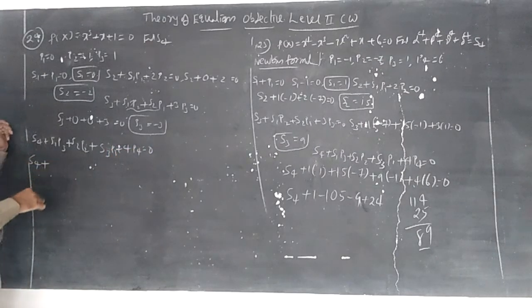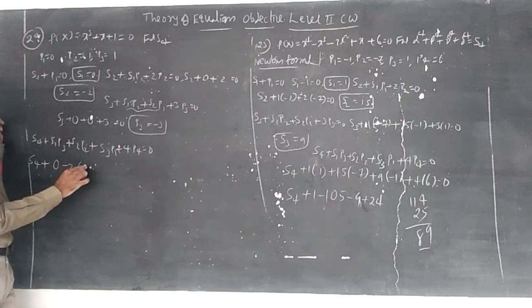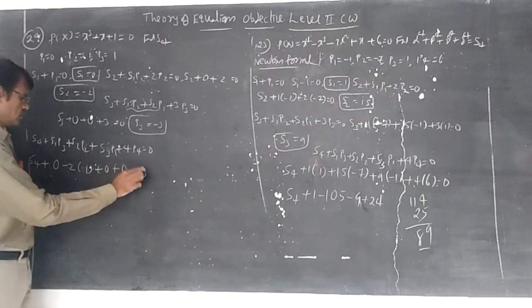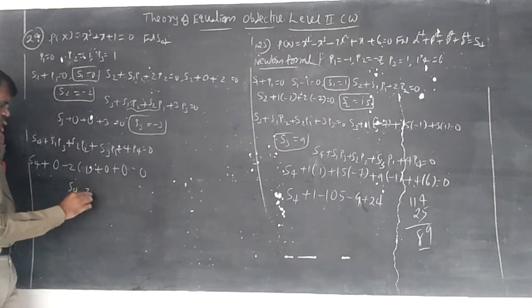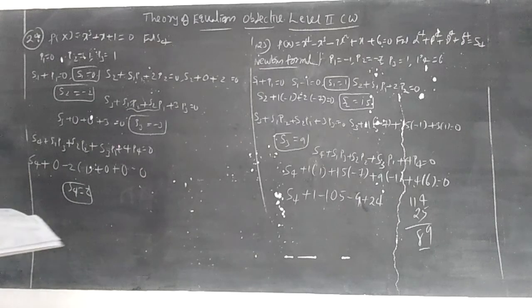So S4 plus S1, here it is 0, plus S2, meaning minus 2, into P2, meaning 1, plus S3 into P1, this is 0, plus 4 P4, of course P4 is not there, equal to 0. So S4 minus 2 equal to 0, so S4 is equal to 2. Here the 24th, fourth option, is correct. The 25th one: if alpha, beta, gamma are the roots.